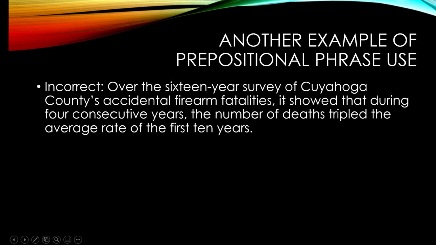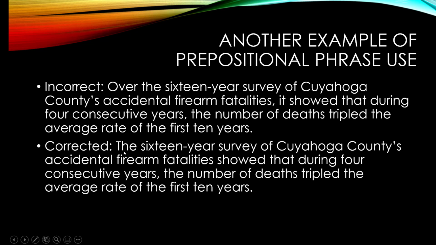Well, over the 16-year survey can't be a subject, so it can't be an it. So take out the prepositional phrase. The 16-year survey of Cuyahoga County's accidental firearm fatalities showed. Now we've got a subject and a verb and a complete thought.